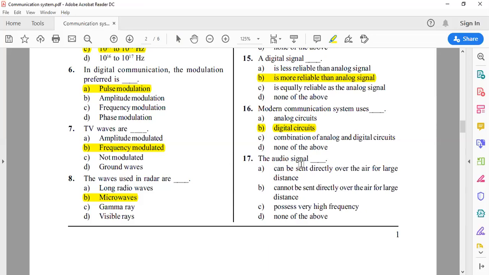These audio signals cannot be sent directly over the air, because their frequency is low, between 20 hertz and 20 kilohertz. So the correct option for question number 17 is cannot be sent directly over the air for large distance, option number B.